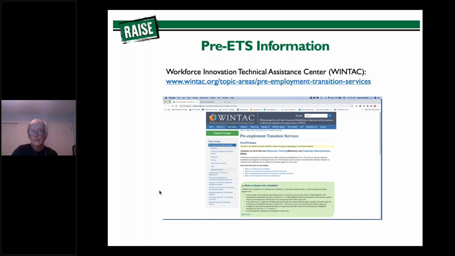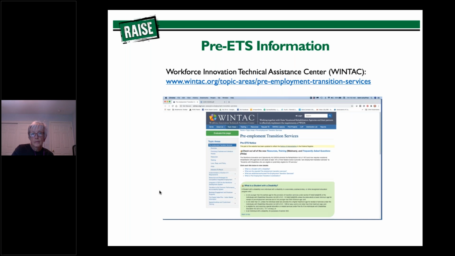We are working closely, our state is working to improve transition, and part of that is we're part of the Intact Virtual Capacity Building Institute, and it's the State Department of Education as well as the Pre-ETS manager and myself from Families Together on that team.